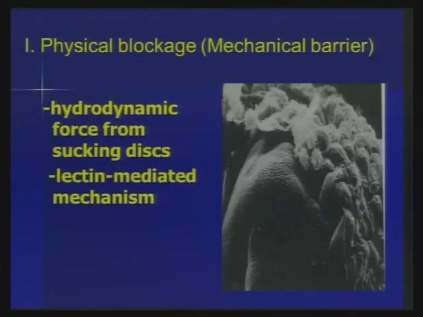And take a look at this, this is the villi, and this is the electron microscope. So they use the sucking disc and cover the top of the villi. They use the lectin from the parasite, and this is the lectin-mediated mechanism that causes the physical blockage.